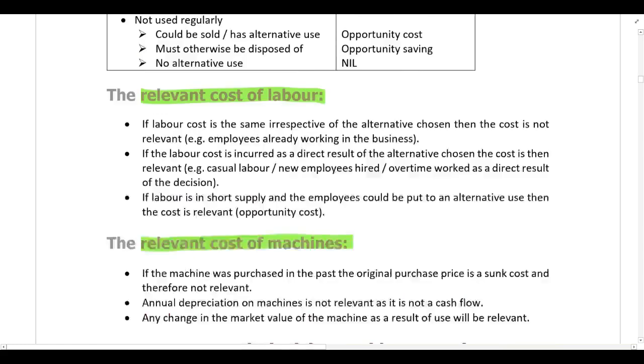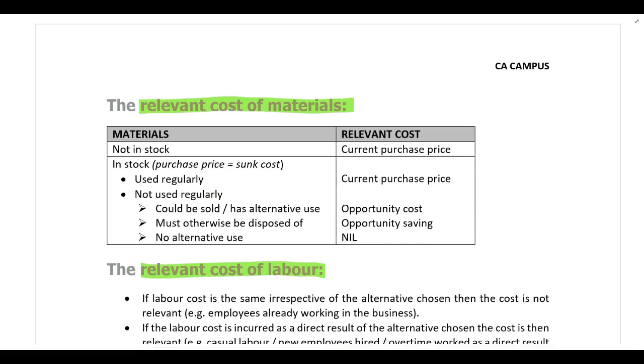And for the purposes of this discussion, I want you to assume that we received a special order from a customer. And the customer wants 1,000 units of the product that we make. So first, when we are trying to determine what the relevant cost of the materials is, let's say we need 1,000 kilograms of material for this specific order.